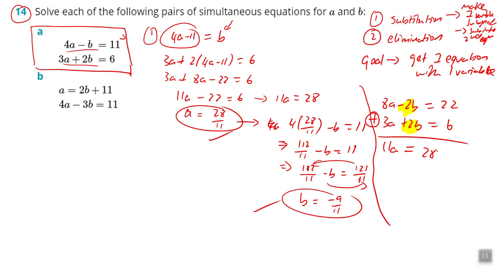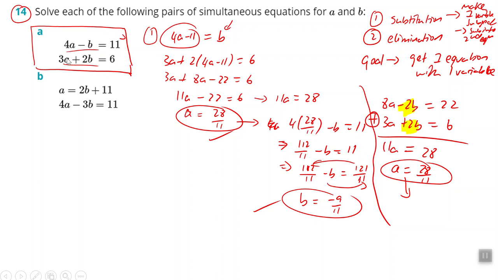So we got equals 28. A equals 28 on 11, and you go through the same process. You just sub this into your equation 1 again, and solve for b. Okay, so I'm not going to go over that. It's exactly the same step, but I guess the idea is get the right principle.